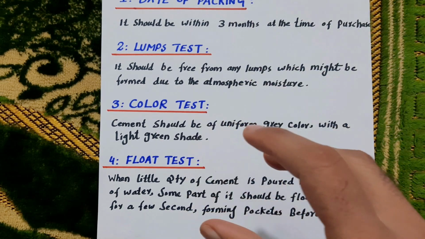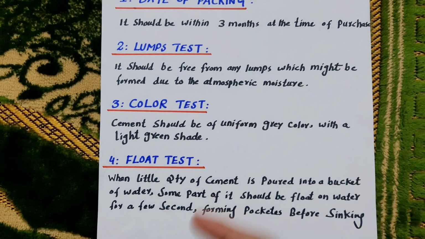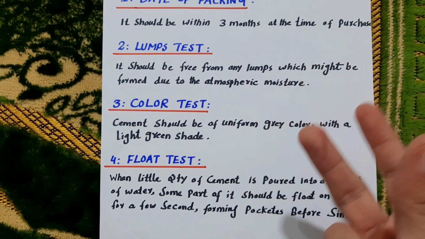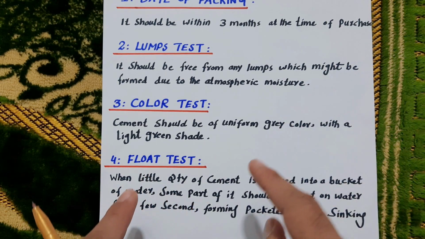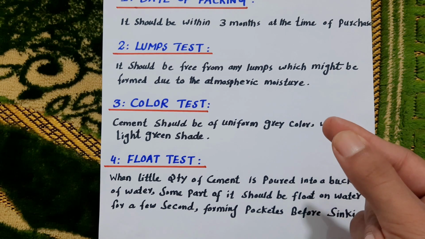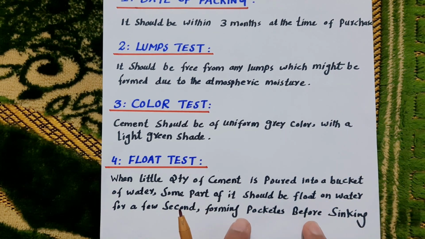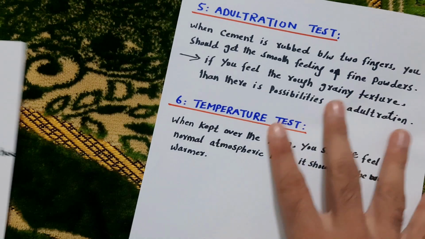Put some quantity of cement in a bucket of water. Then some part of the cement should float inside the water for a few seconds, forming pockets before sinking. This is also important.